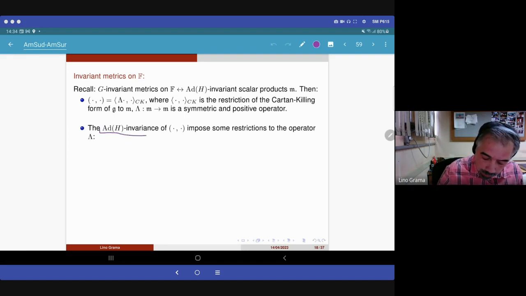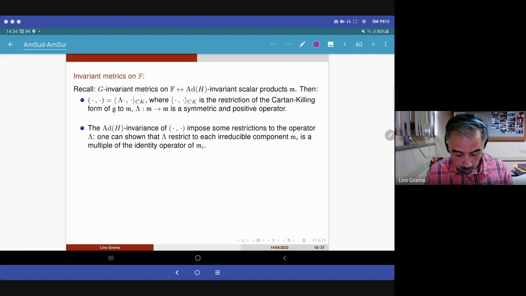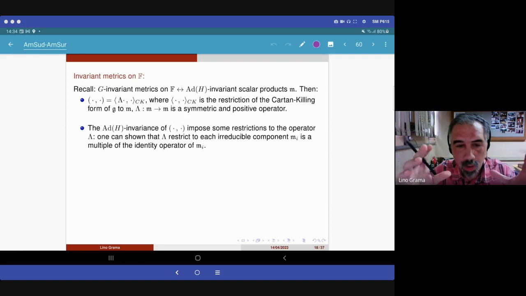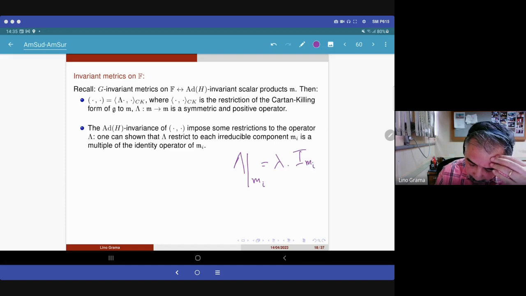This condition, the invariance, will impose some restriction on the operator Lambda. It's not just a positive linear operator on M. I need to put some additional condition to obtain this invariance. In this case, we can show that Lambda restricted to each irreducible component will operate as a multiple of the identity on this space.